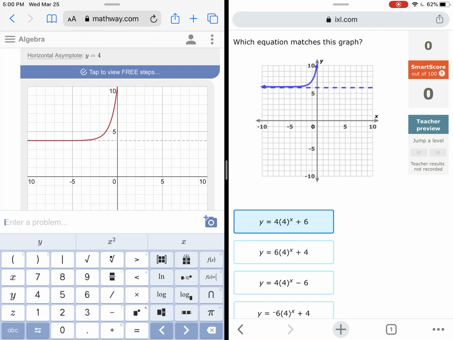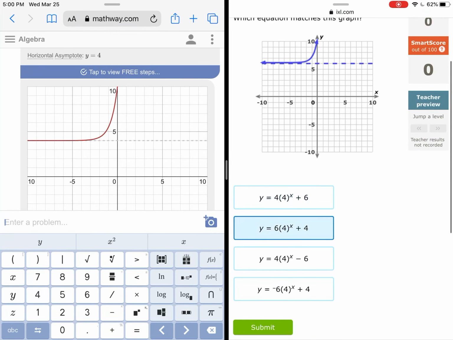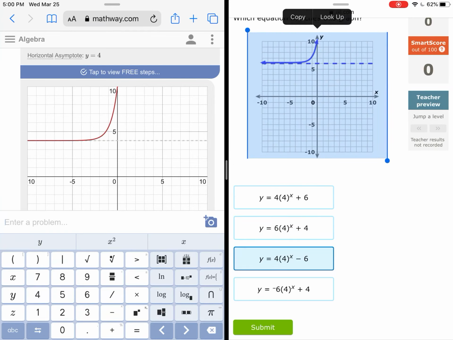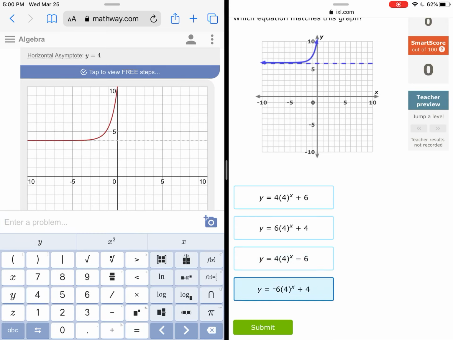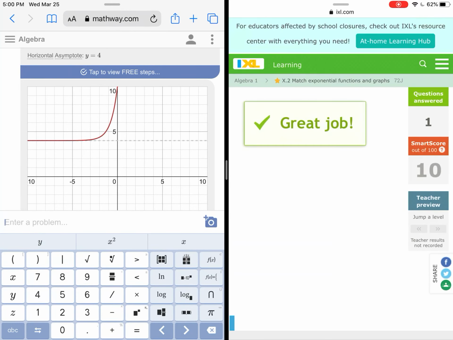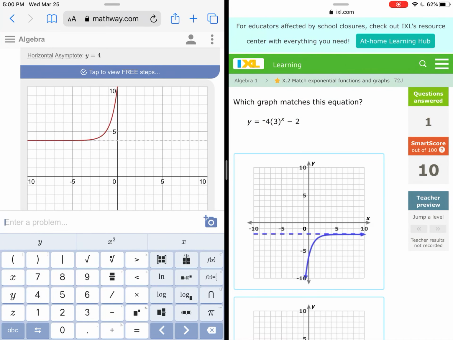The plus 6 tells you it's going to be at positive 6 where you have that dashed line. Plus 4 tells us your dashed line will be at positive 4, which it is not there. Minus 6 tells us the dashed line will be at minus 6, which is not there either. Plus 4, same as the second option, it will not be that one. So my answer for this one will be the first option. Go ahead and click submit, go on to the next one.